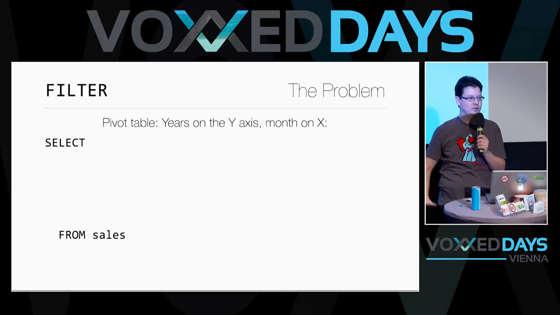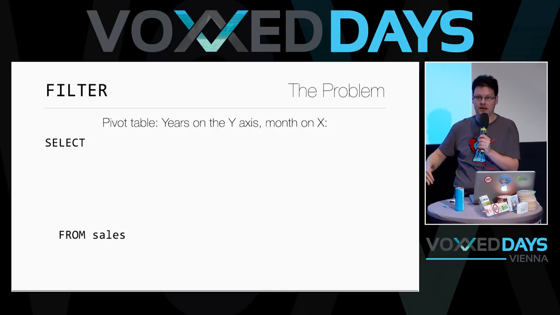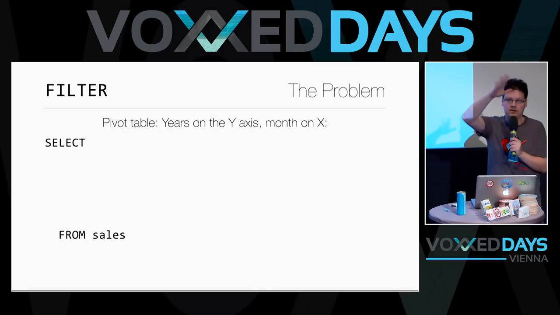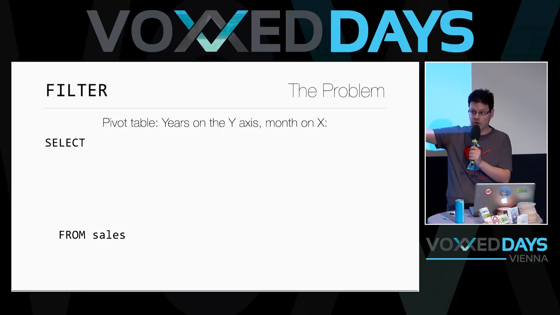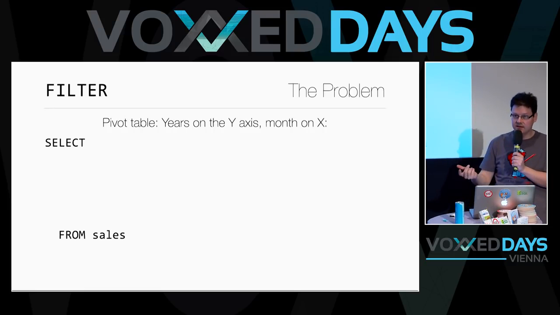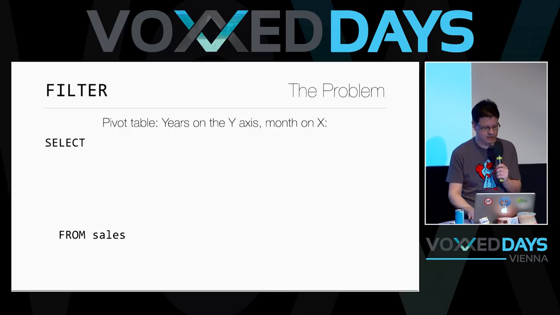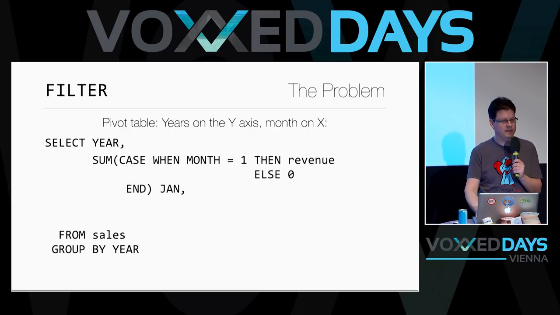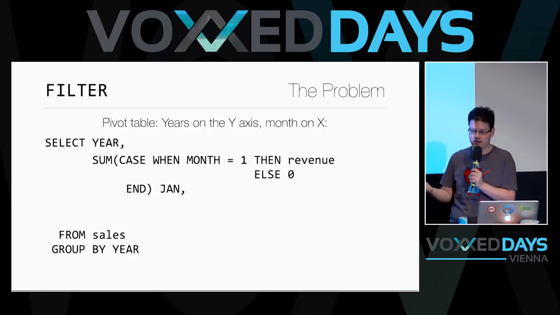If you have a long report, which let's say on monthly granulation, like we just had it, and you would like to turn it into something wider, where you have one column for each month, but just one row for each year. How to do that in SQL? It's simple, actually. So I'm here grouping by year. When I'm grouping by year, it means I'm getting one row per year. As simple as that.